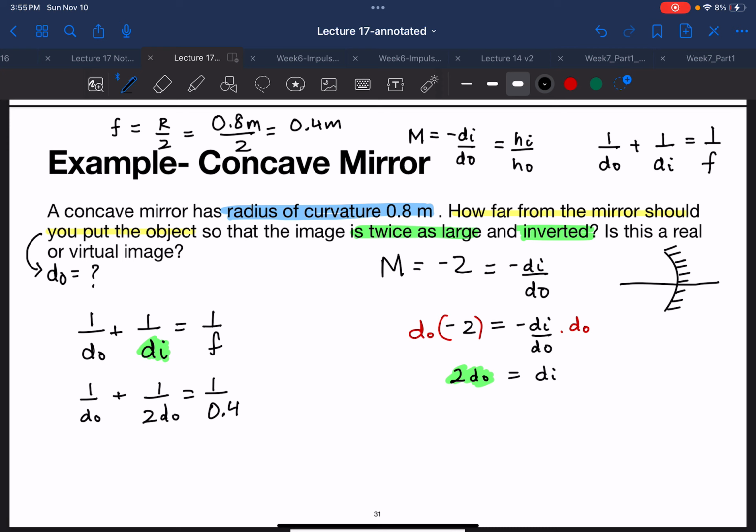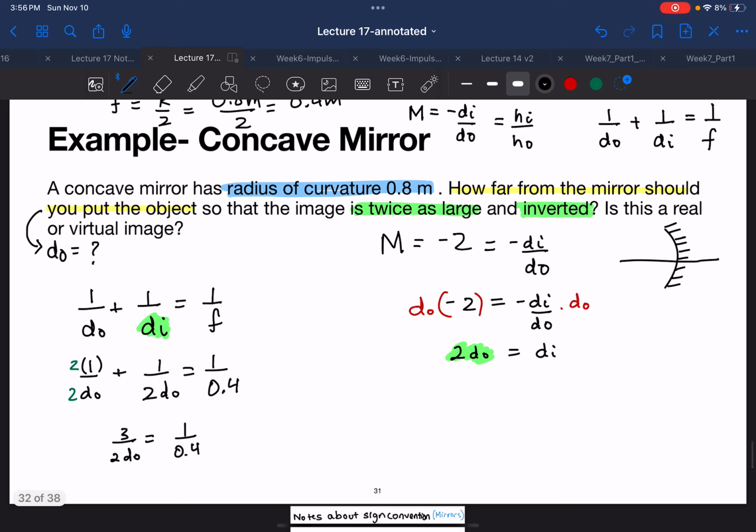We can go ahead and get a common denominator, multiply top and bottom by 2, and combine these terms, and we get that 3 over 2 d0 equals 1 over 0.4. Depending on how you like to solve an equation like this, you can think about cross-multiplying or multiplying both sides by 2 d0 and dividing by 0.4, whatever you're comfortable with.